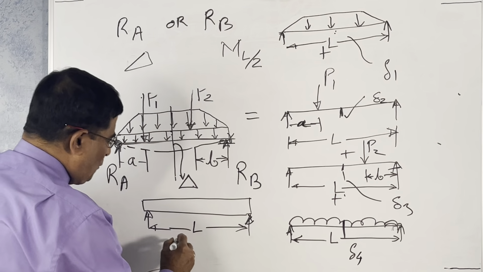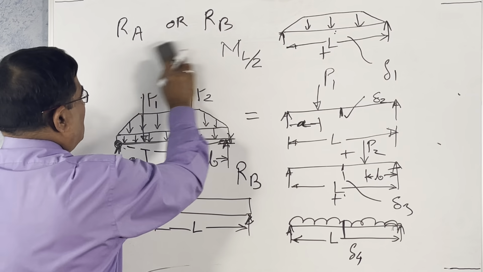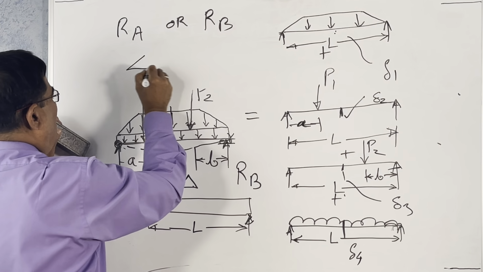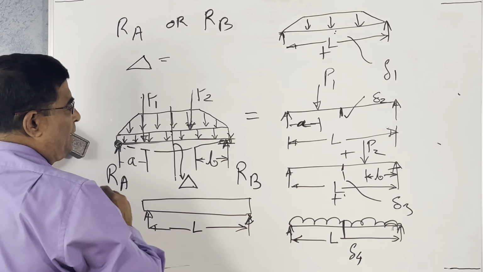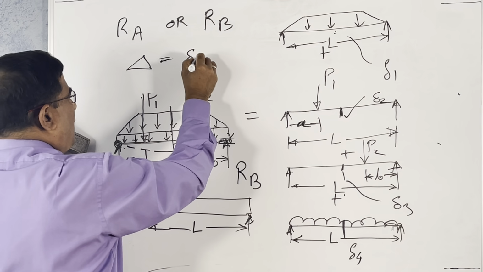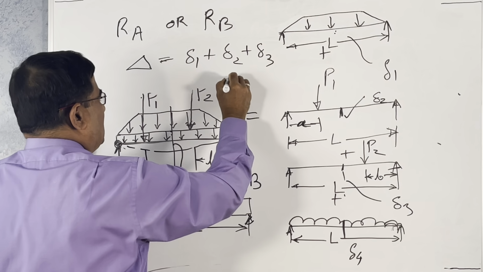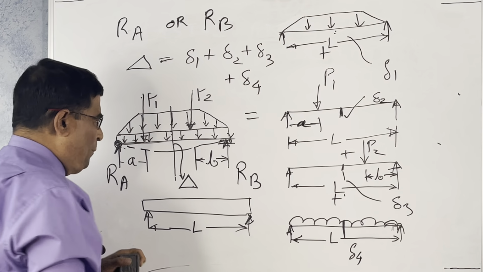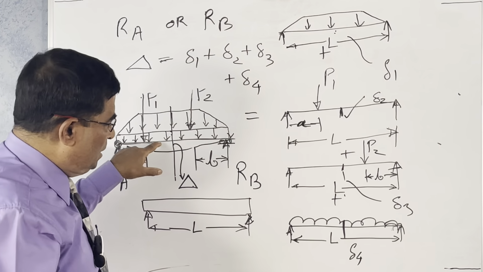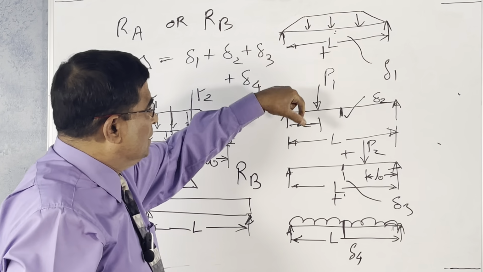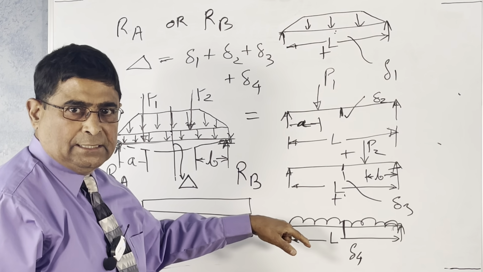So your delta at the midpoint will be equal to delta 1 plus delta 2 plus delta 3 plus delta 4. That means the total deflection you can easily find out by separating the forces.